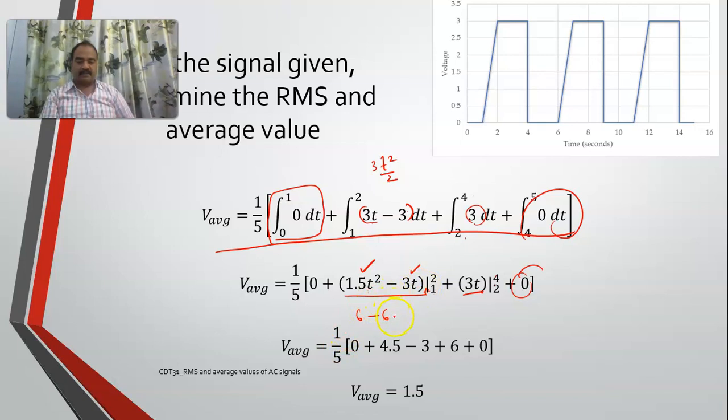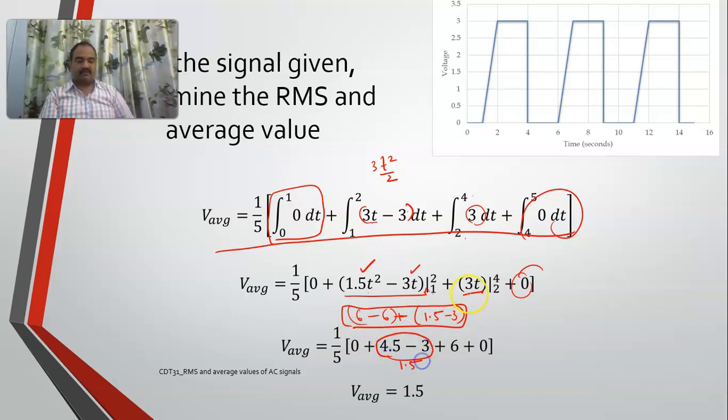Right. Here, when I substitute 1, what I'll get? It is 1.5 minus 3. So, on the whole, I'll be getting 1.5. So, that is what I meant to write here.